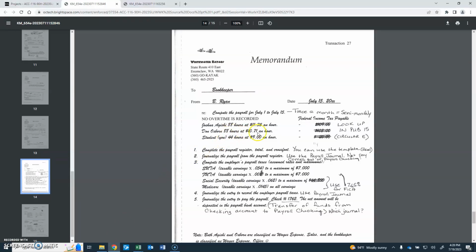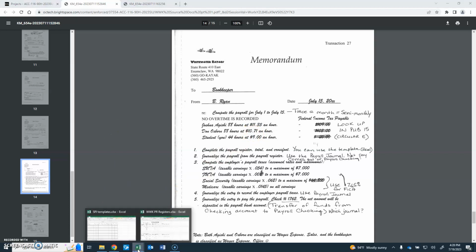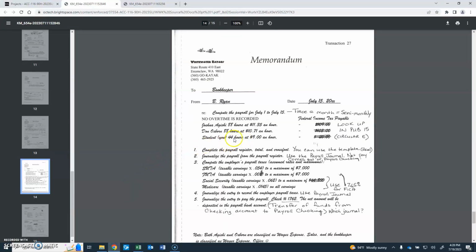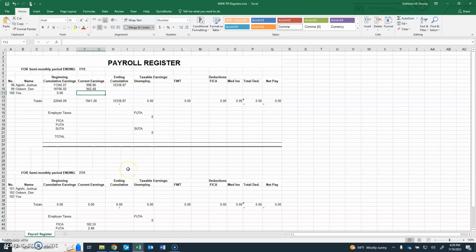All right, so the next one is Don. And Don has 88 hours at $10.71 an hour. So if I calculate that out, that's $942.48. You are 44 hours at $9 an hour, and that calculates out to $396.